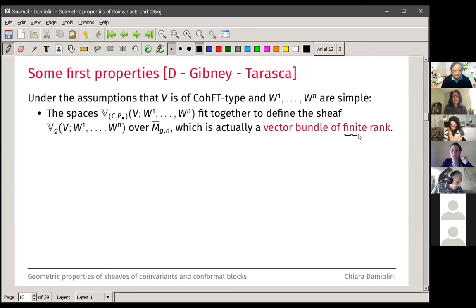One of these is that they are finite dimensional, which a priori by the definition they are not, because I take an infinite dimensional vector space and quotient out by some other probably infinite dimensional vector space. Nothing guarantees that it's finite dimensional. And more importantly, they are locally free. So they are really vector bundles.